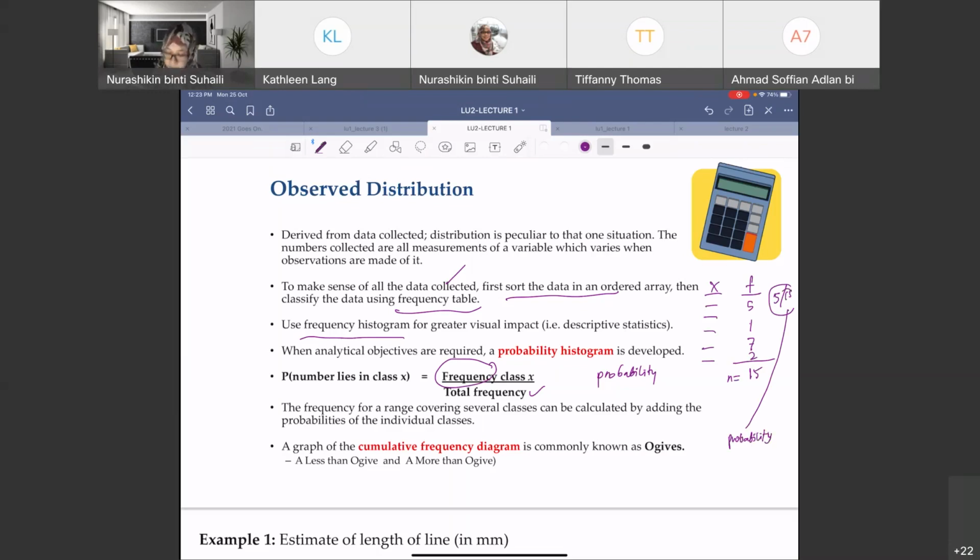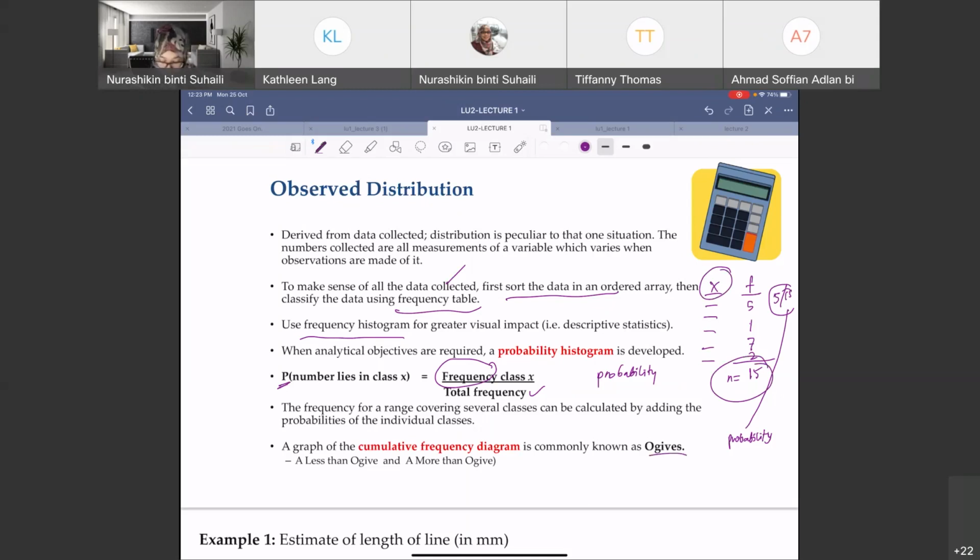Previously we didn't mention probability, but that is actually probability. It indicates the chance of that particular X to occur in the whole distribution. So P is probability, the frequency divided by the total frequency.